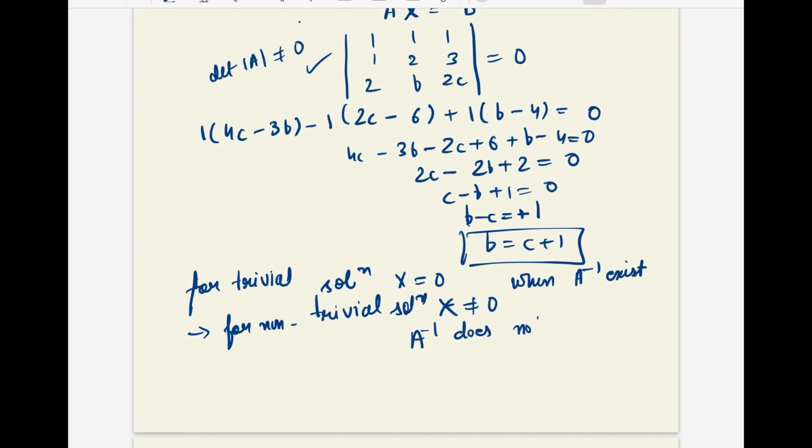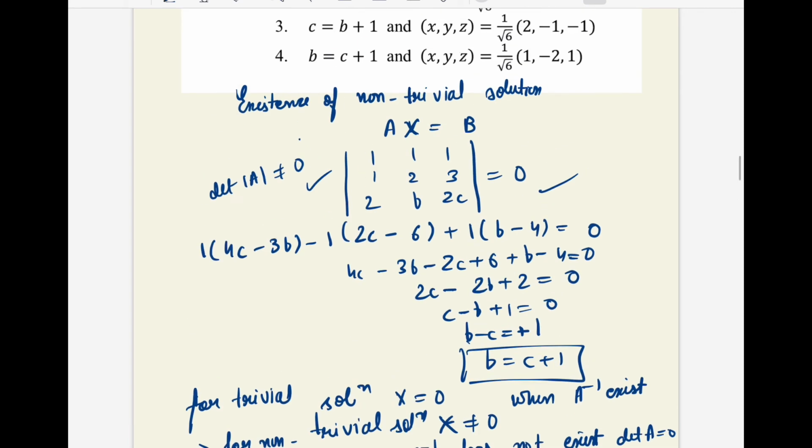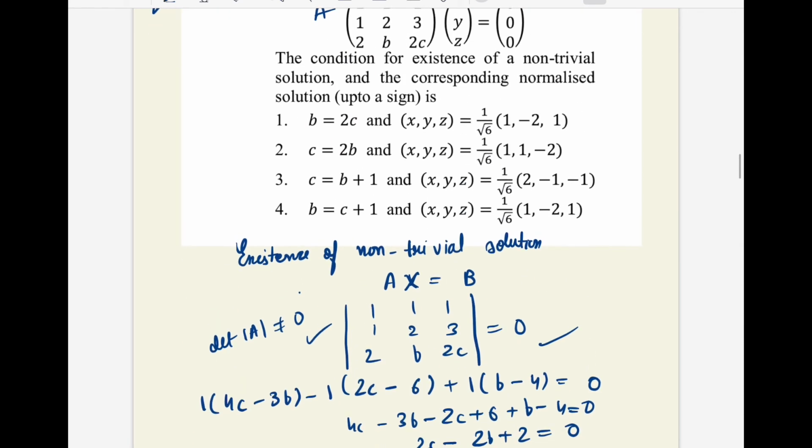So for A inverse to not exist, one should have determinant A equal to 0. This is the case. Determinant A equals 0. That's why we have got b is equal to c plus 1. Now we will say b is equal to c plus 1, option 4, is the correct answer.